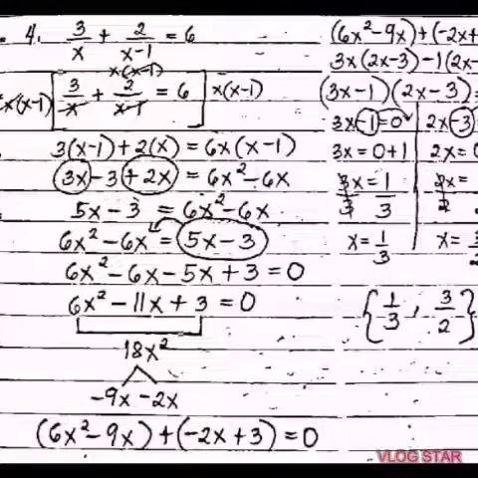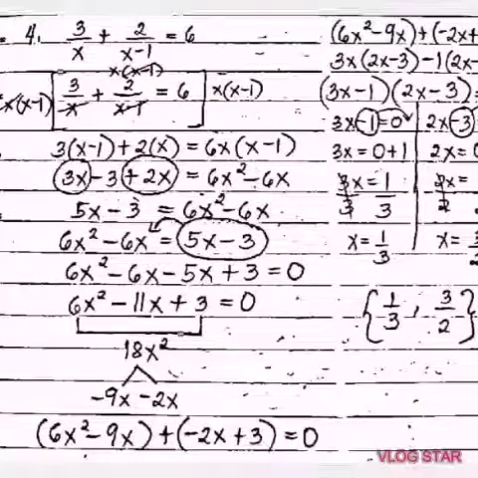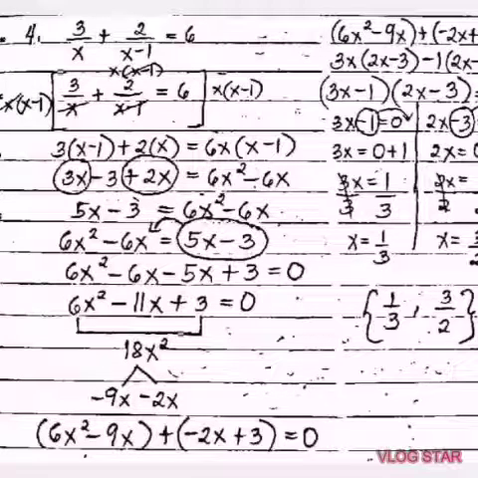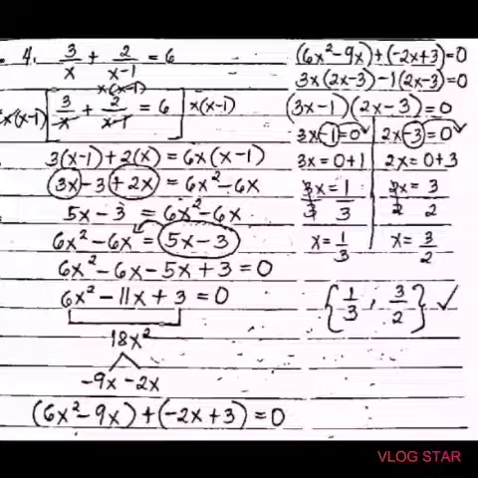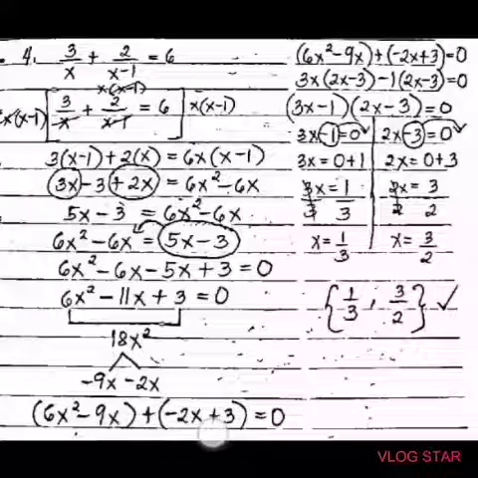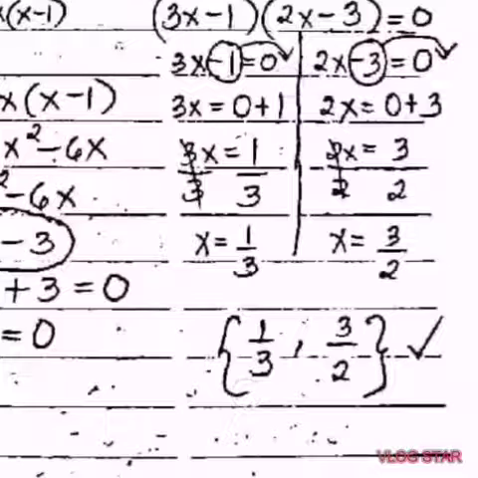So after writing now the factors, we will get the common monomial factor for this factor and this factor. So, copy 6x squared minus 9x plus the quantity of negative 2x plus 3 equals 0.